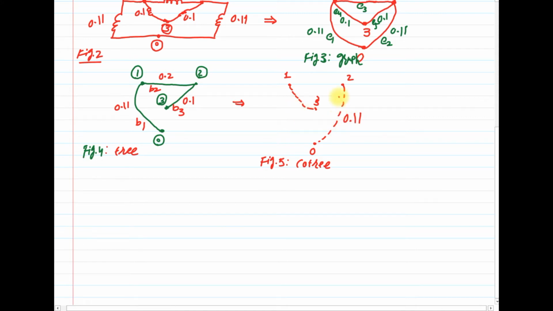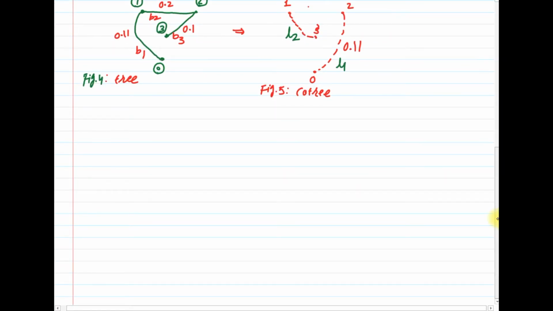So I will assign the number of the links. Started from the least number, so here it is L1 and this is your L2. I hope you have clear up to this.